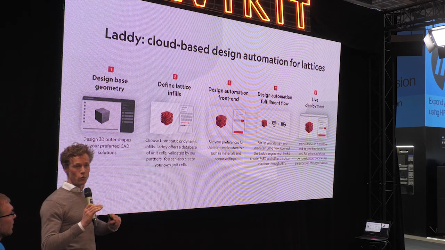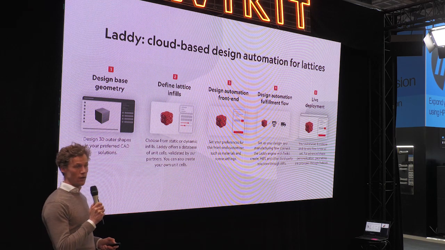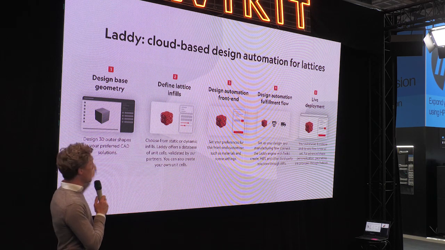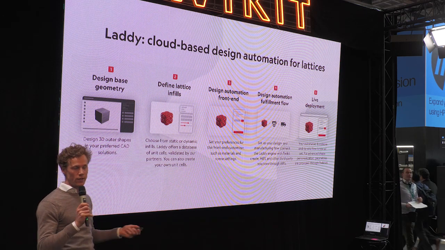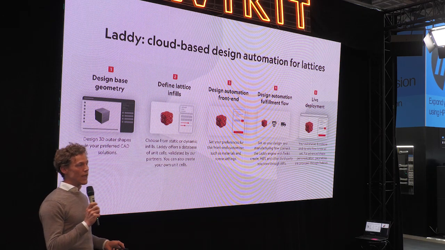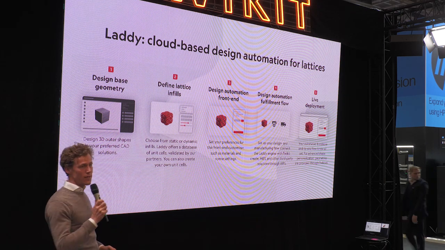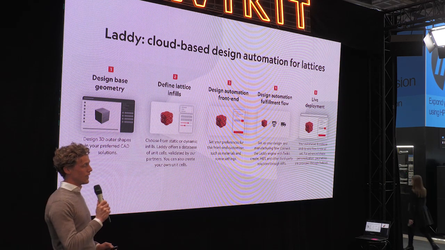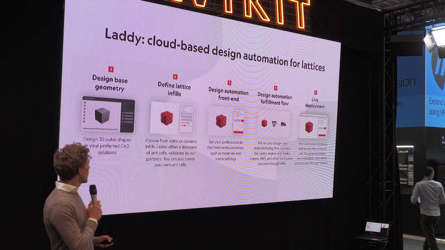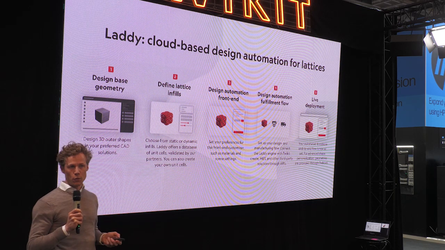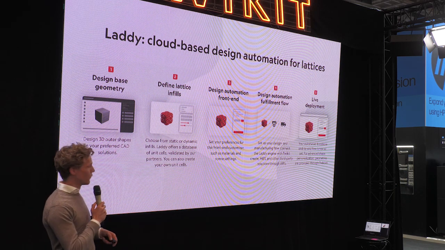So let me run you one last time through the workflow actually about laddifying a product. Everything starts within your CAD system. So you design within any CAD system that you want the actual 3D files that you need. You input them into the Laddy interface, of which you can see live demos over here at the booth, where you start defining the blueprint, selecting which kind of unit cells that you want, boundary conditions, everything.